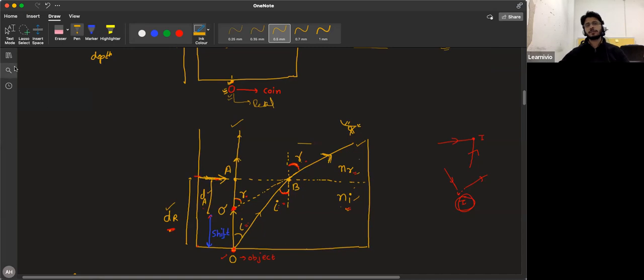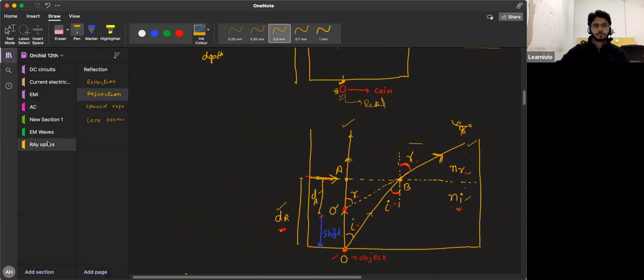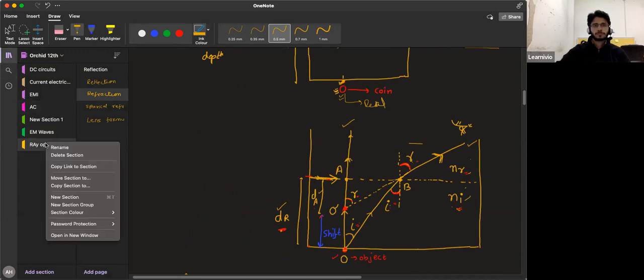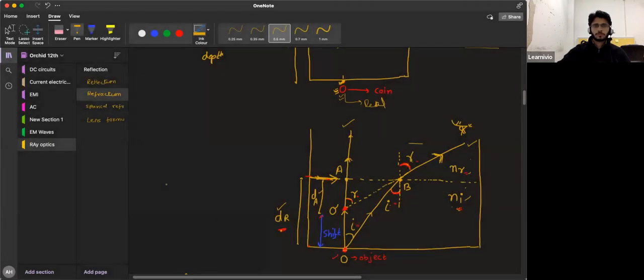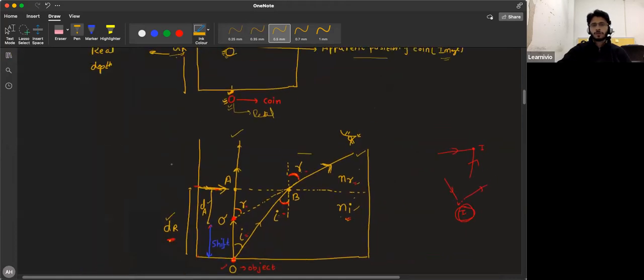Two right angle triangles plus Snell's law. Anshika, just tell me once you have written, I'll start the calculations.